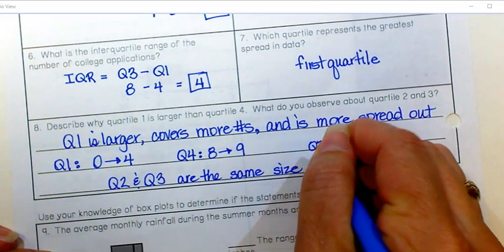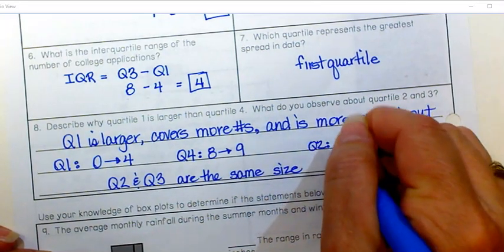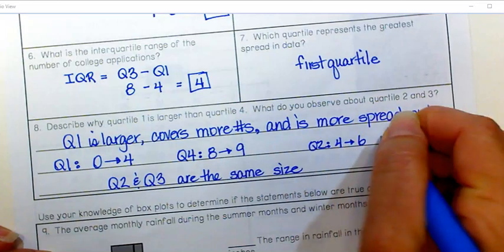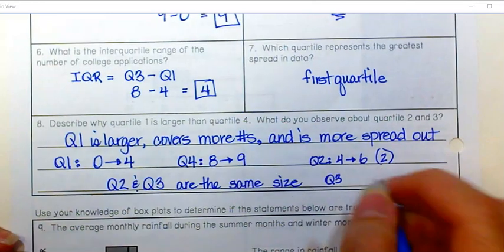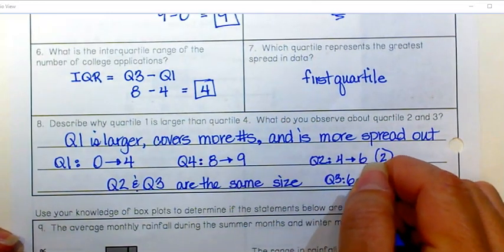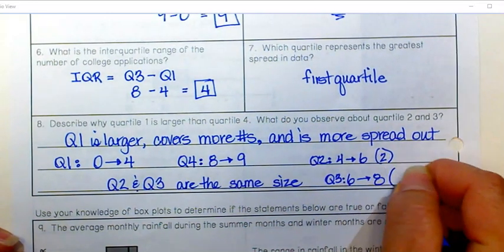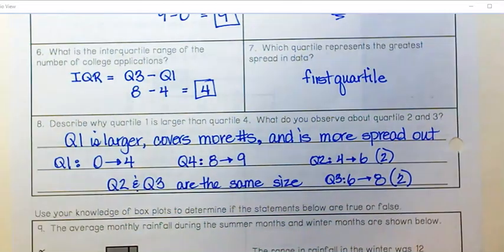Because quartile 2 goes from 4 to 6, so that's a difference of 2. And quartile 3 goes from 6 up to 8, and that's also a difference of 2.